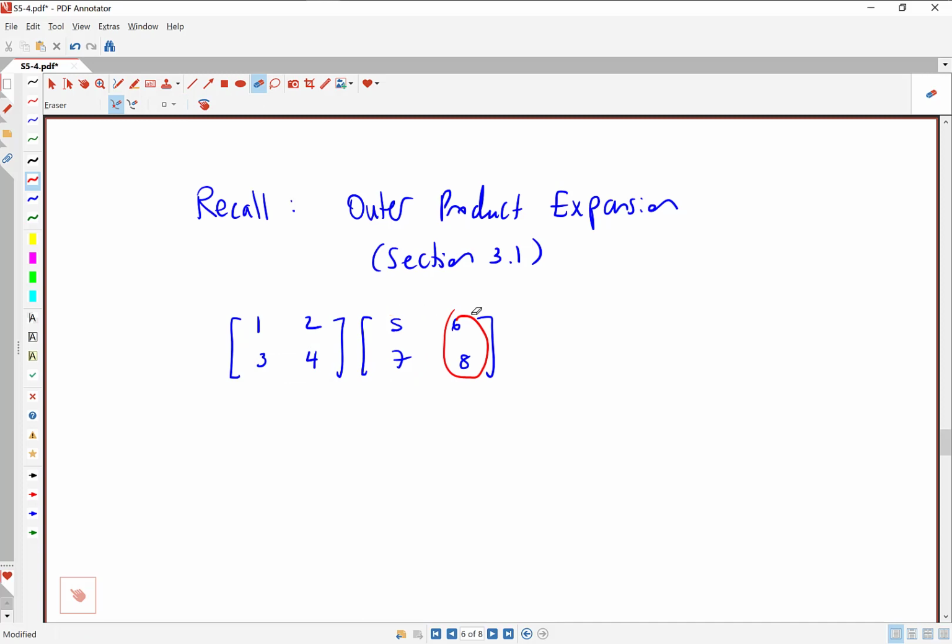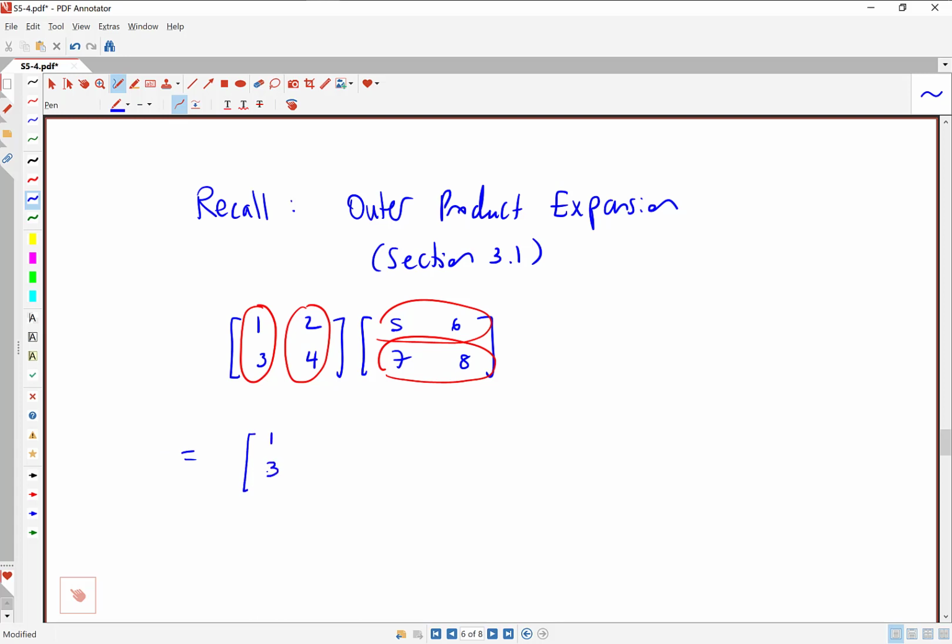The outer product expansion tells us to circle the columns of the first matrix and the rows of the second matrix. And it says an alternative way of multiplying these two matrices is actually just to take the first column and multiply it with the first row, and then go plus the second column times the second row.